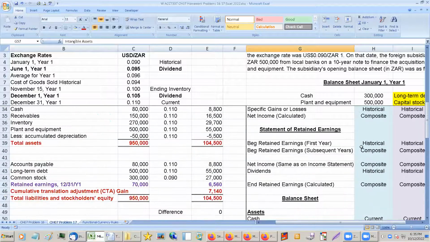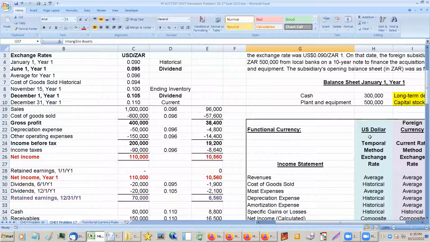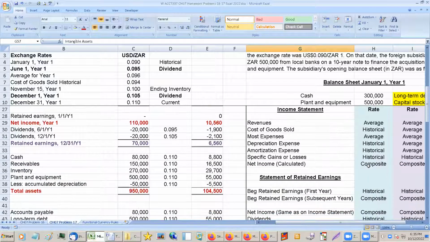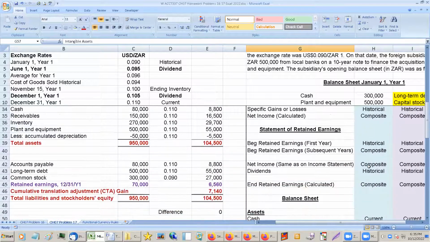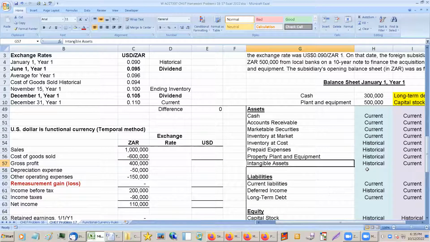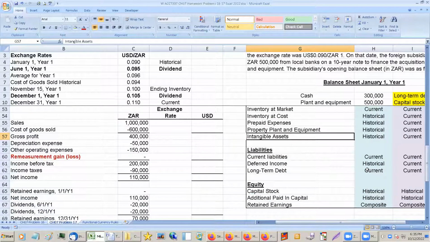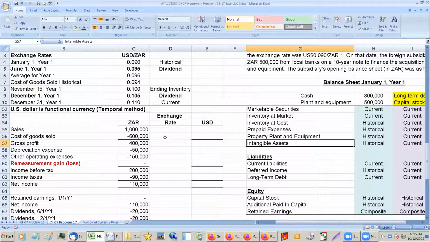So it becomes a little bit different, because these are changed over to US dollars immediately, you generally end up using a lot more rates.